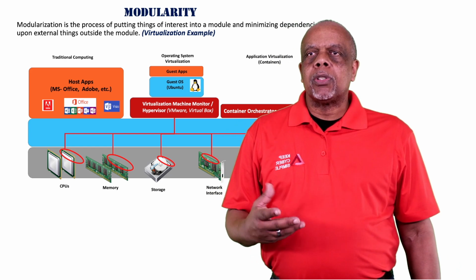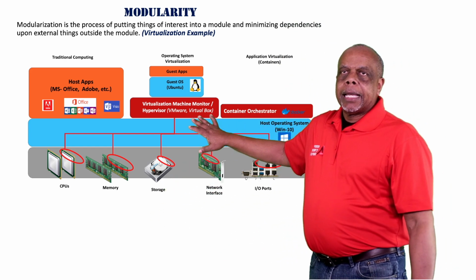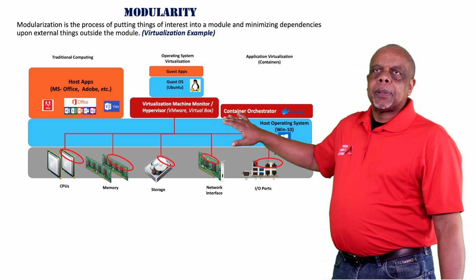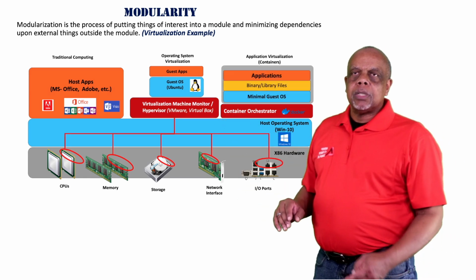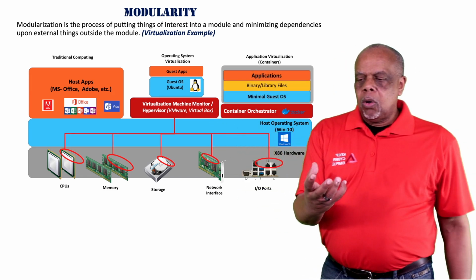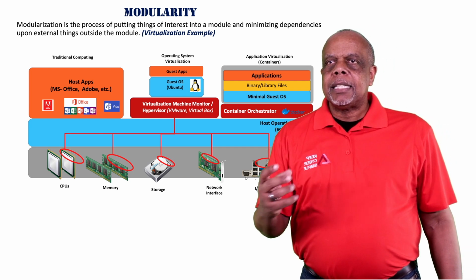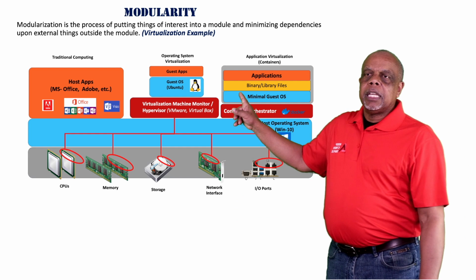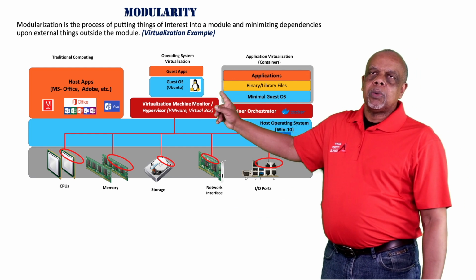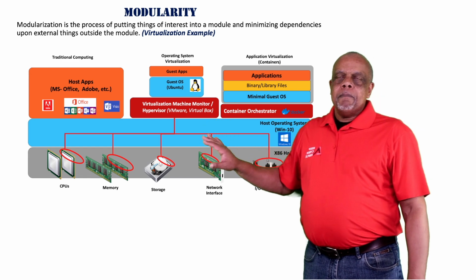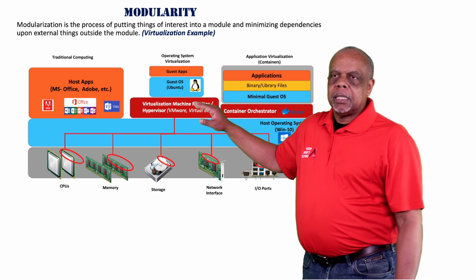There are different orchestrators out there where now I can do the same thing. I can have an abstraction of an application, and that application is in its own little file, its own little bubble. That's why I call it a container. Inside of that container, it has everything it needs for this application to run: the binary files, the library files, a minimal guest OS kind of sits in here.